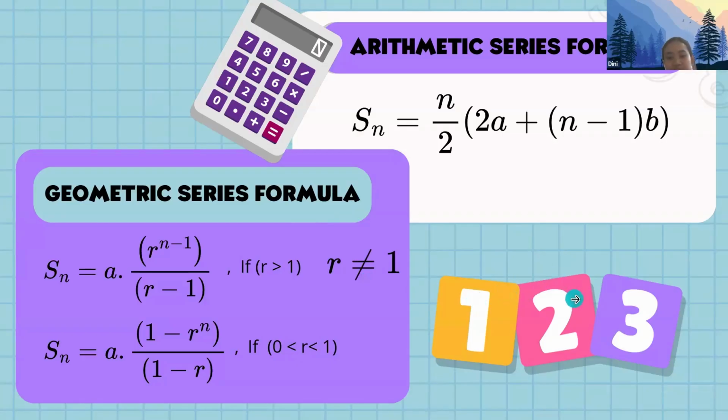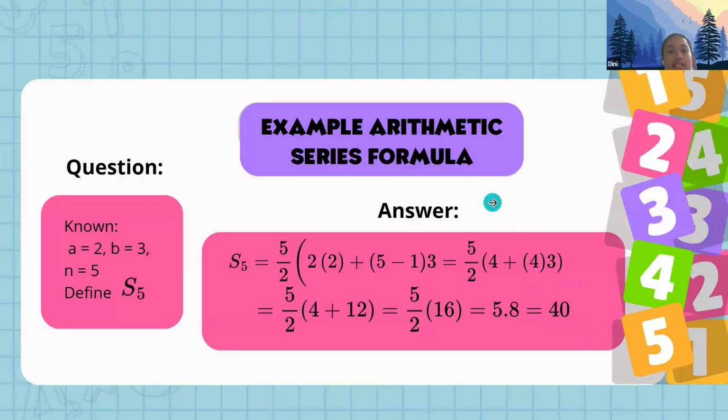Okay, thank you. Next, the example of the arithmetic series formula. In this equation, a equals 2, b equals 3, and n equals 5. Define S5. And I got the answer, 40.